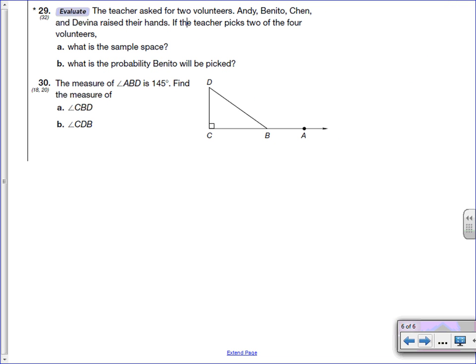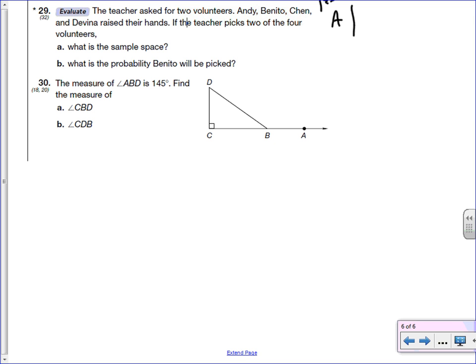The teacher asked for 2 volunteers. Andy, Benito, Chen, and Davina raised their hands. If the teacher picks 2 of the 4 volunteers, what is the sample space? Well, to figure out the sample space, we can say, if they pick Andy first, then they could either pick Benito.